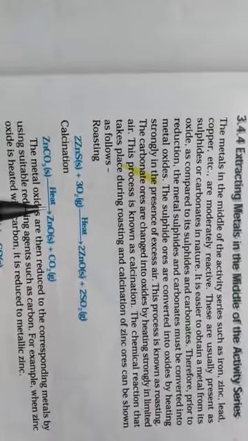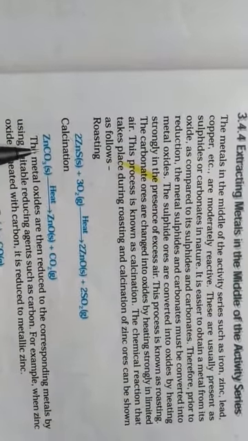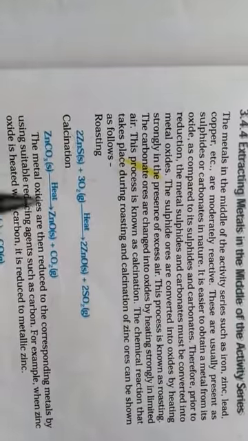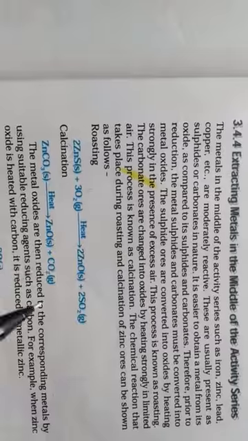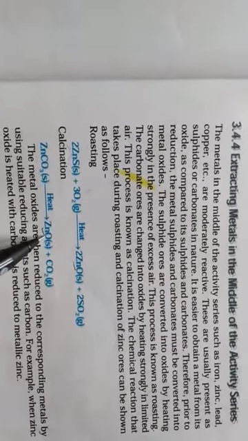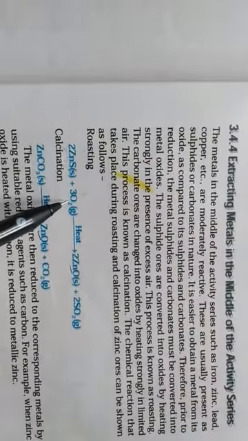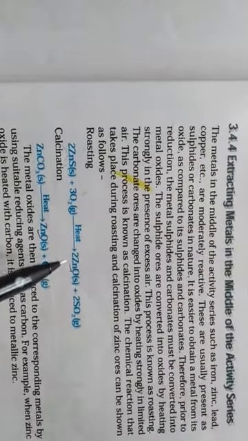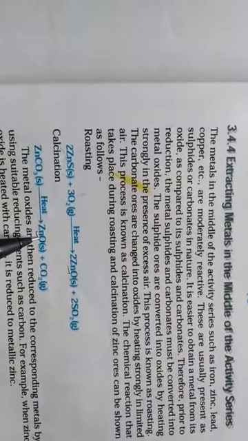Here it would be heated in a limited amount of air, so there will be no reaction with oxygen; rather, this zinc carbonate will decompose to form zinc oxide, and carbon dioxide gas will be released. So we have got the oxide of the metal, right? If it is sulfide ore, we go through roasting to get the oxide of the metal. If it is carbonate ore, we go through calcination to get the oxide of the metal.